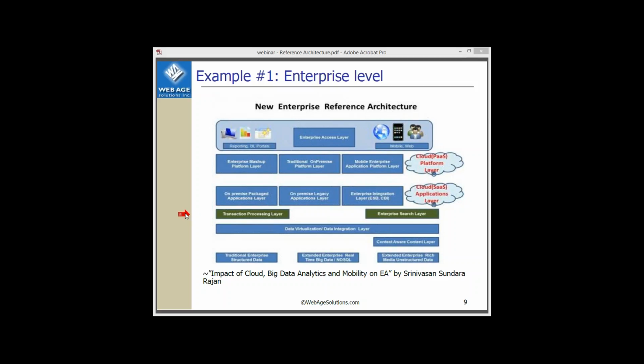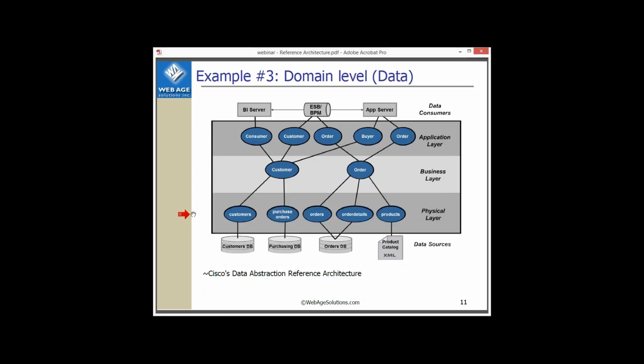But how exactly do we go about doing that? So our third example is saying, well, let's dive down into the data domain and look at the data concerns specifically. This is from a Cisco model, called the data abstraction. But this is really showing a high-level reference representation of how Cisco's product provides data virtualization.